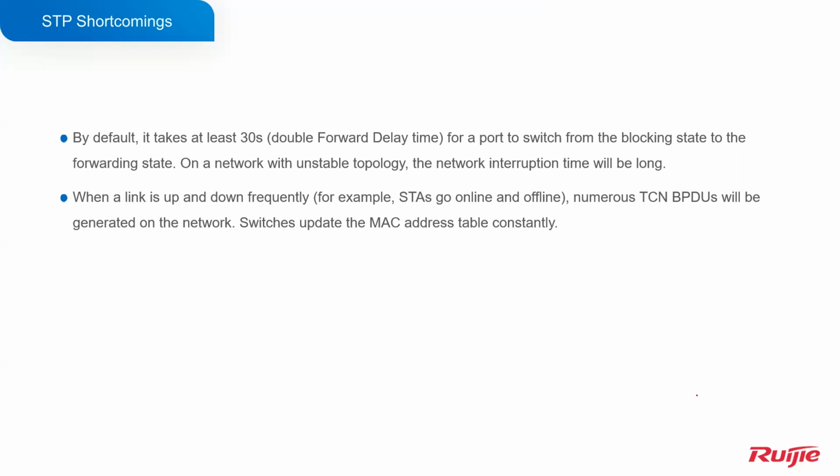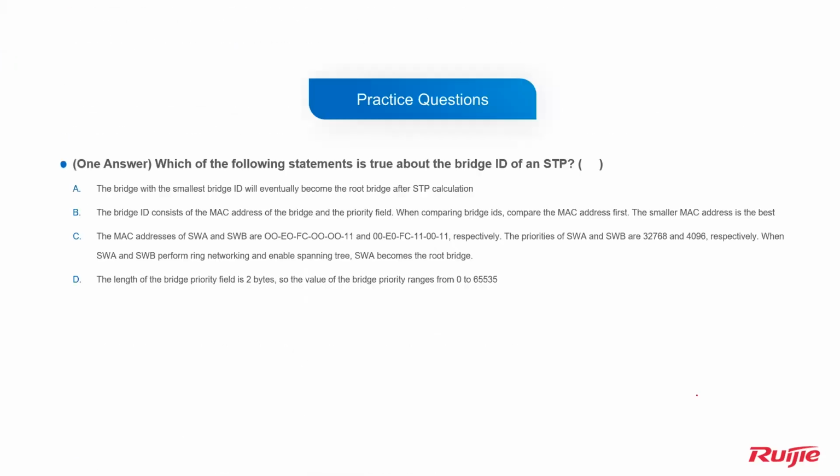Okay, so about this part, about STP, let's see some questions here. Which of the following statements is true about the bridge ID of an STP? Let's see it. A, the bridge with the smallest bridge ID will eventually become the root bridge after STP calculation.